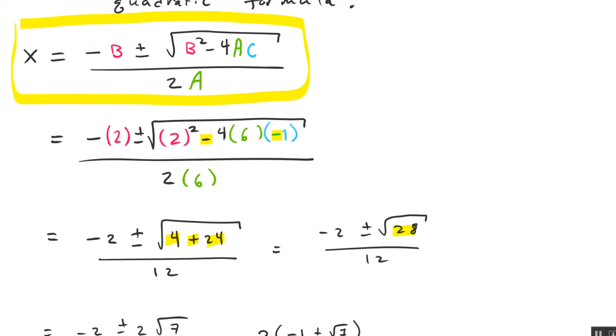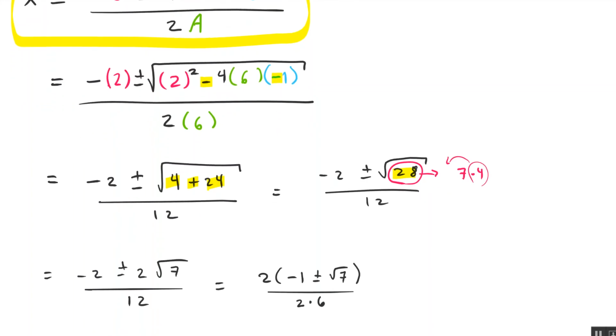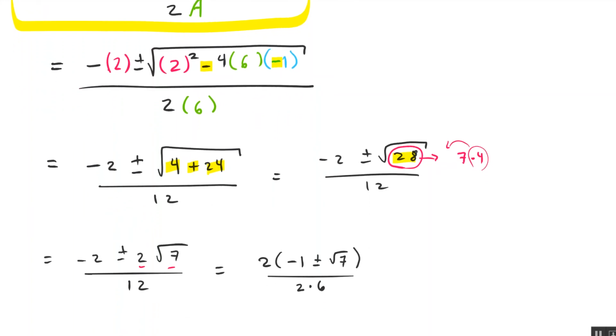So we have negative 2 plus or minus root 28 over 12. We can simplify this a little bit because 28 is really the same thing as 7 times 4. So the 4 can come out of the radical and become a 2 out front, and we leave the 7 underneath. And that's what we have right here on the left.